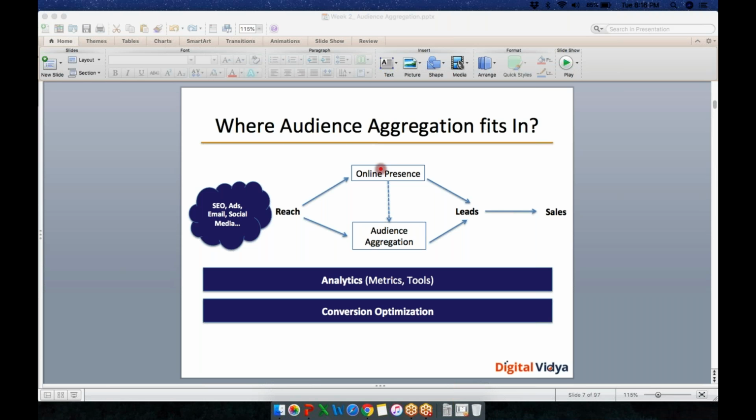In that 47%, some of them who are interested, or the majority of them who are interested, will not engage with you. They will simply leave your website and go. If you create the right engagement magnets on your online presence, those engagement magnets will allow people to get aggregated, and the rest of the people who are interested in your services to know further at that very moment will get converted to leads.